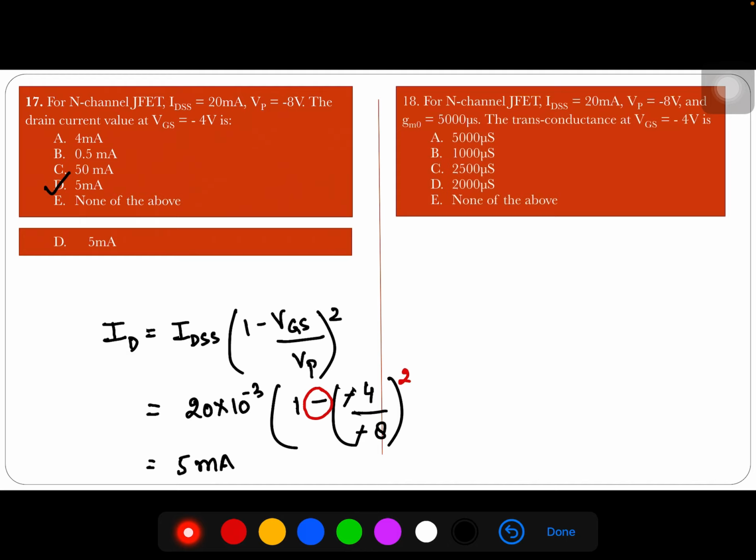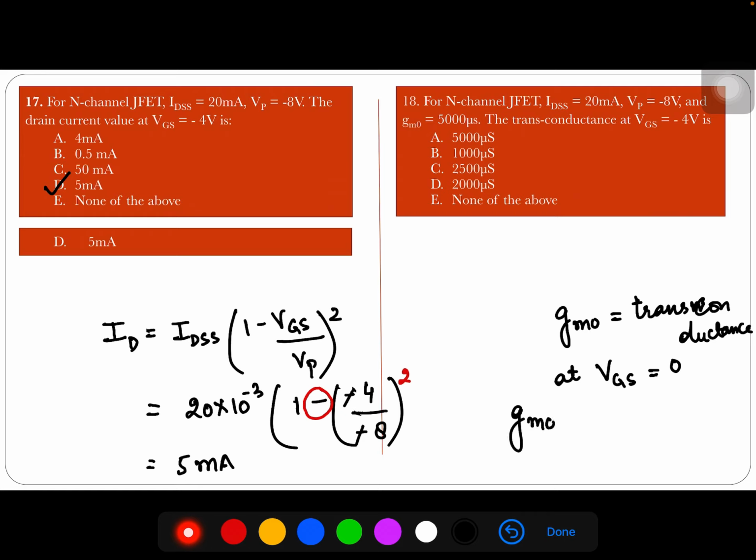In the next question, again for an N-channel JFET, IDSS has been given to you. VP, the pinch-off voltage, has been given to you. GMO, the transconductance at VGS 0. G represents transconductance, and basically it is not GMO, it is GM naught, the transconductance at VGS equal to 0.